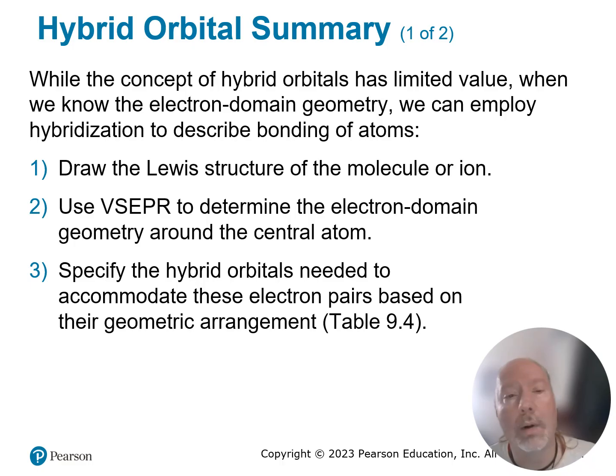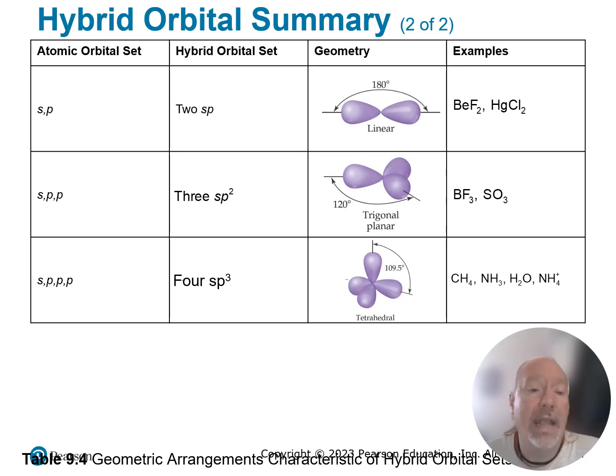So, hybrid orbital summary: you draw the Lewis structure of the molecule, use VSEPR, make sure you understand the electron domain geometry, and then you can start thinking about how the atoms come together to form this molecule, and you can label them sp, sp2, sp3. And here's a summary of what we just talked about and some examples.